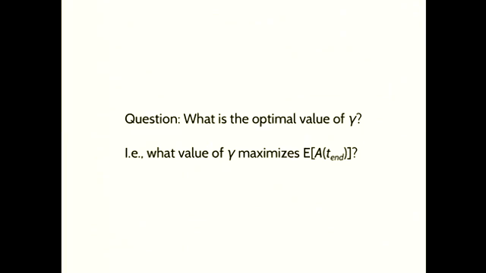Back to the question, what's the optimal trade-off parameter? How much should we select for evolvability? Specifically, what we're asking in this model is, what's the value of gamma that maximizes the expected value of A at some particular time in the future, t end, which is a new parameter?